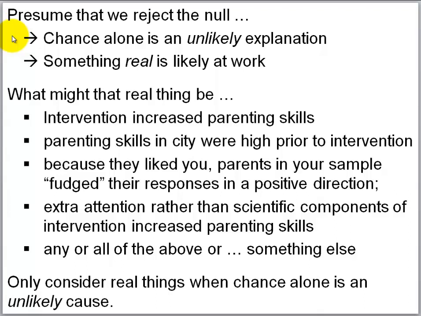The fact that the result is unlikely to be due to chance in essence conveys to us that something real is at work. The explanation of the null, that the difference is due just to chance, that's insufficient. Our data contradicts that notion. We need a more complex explanation.